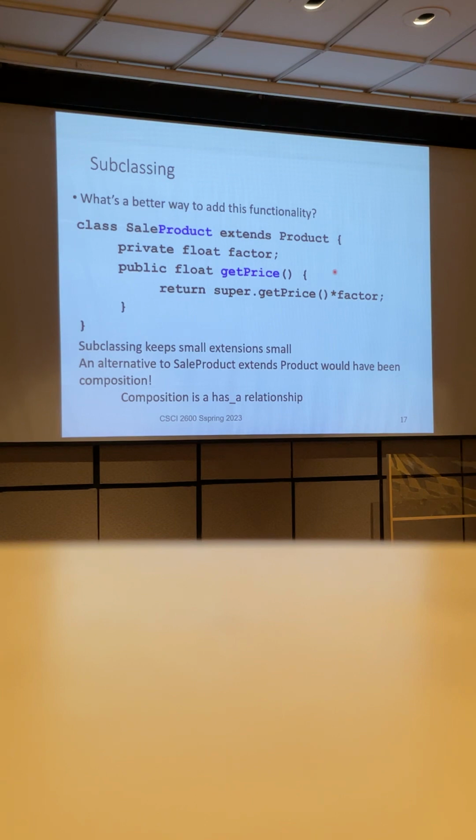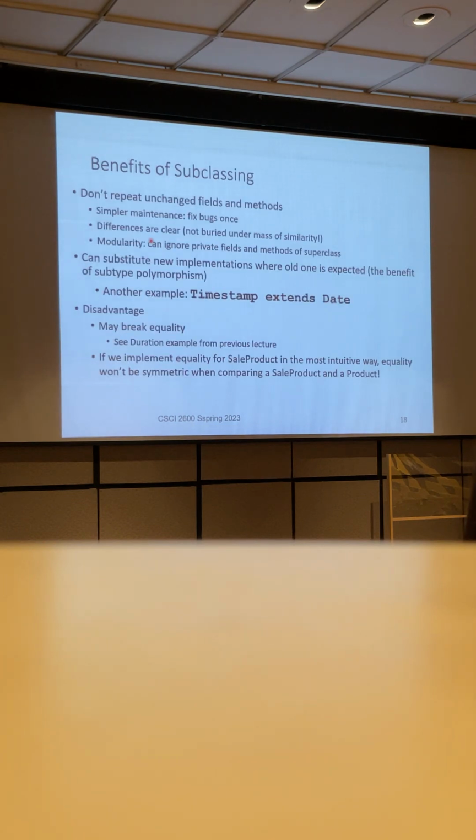Of course there are alternatives to inheritance, as we mentioned earlier, and one of the most prominent ones is composition. So instead of having sale product extend product, make sale product a separate class, and have product as a field in sale product. The benefits of subclassing: obviously we inherit fields and methods, and we can reuse them, or replace the implementation of methods that we are not happy with.